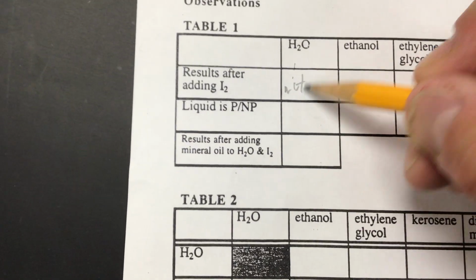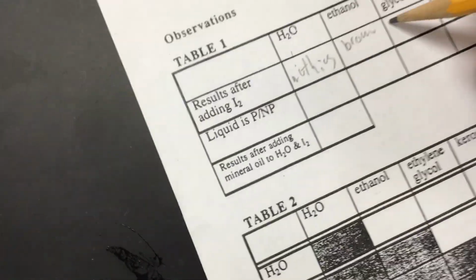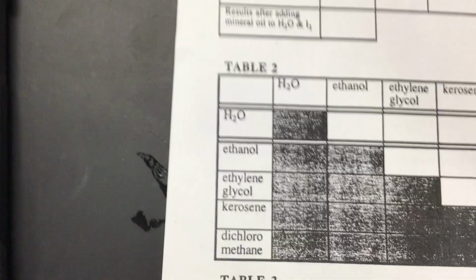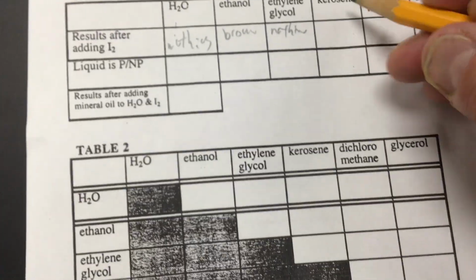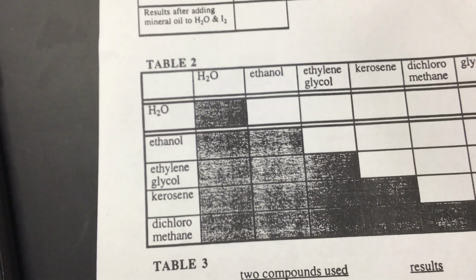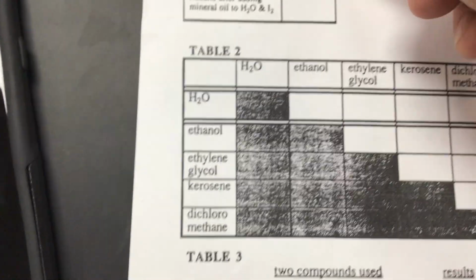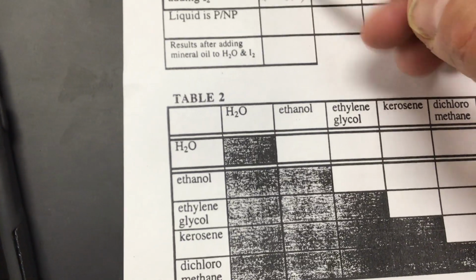So nothing turned brown. This one, nothing. Kerosene turned purple. Dichloromethane turned purple. Nothing for the glycerol.